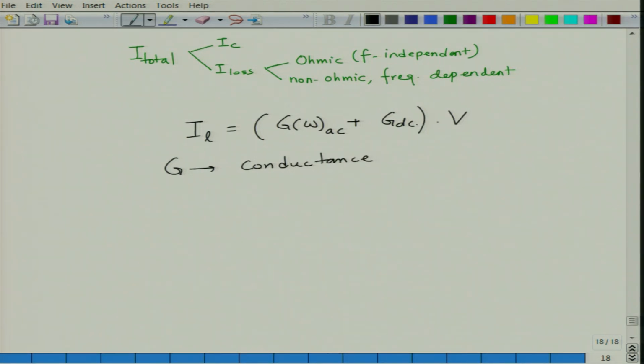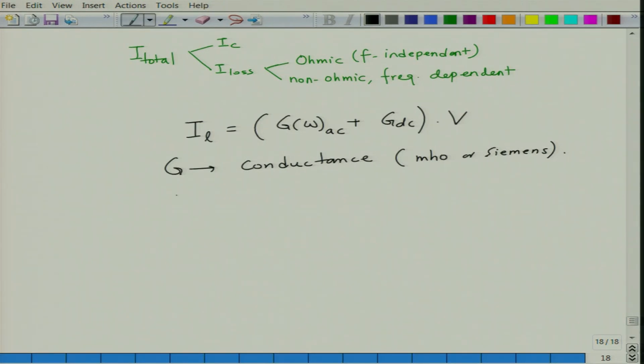This G is called conductance. It is written in either mho or Siemens, and it is nothing but the inverse of resistance. We know that V is equal to IR, so it is the inverse of resistance.